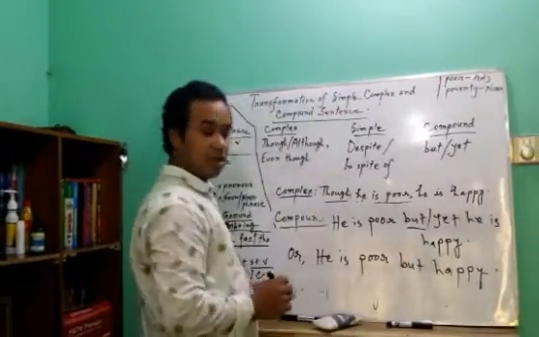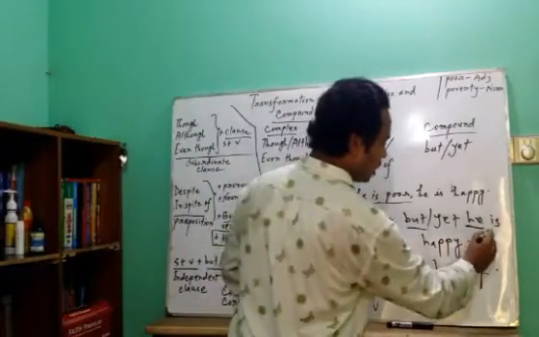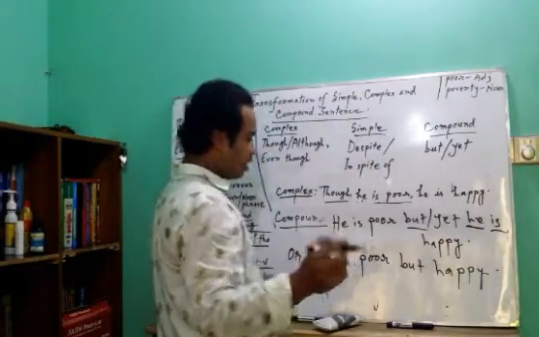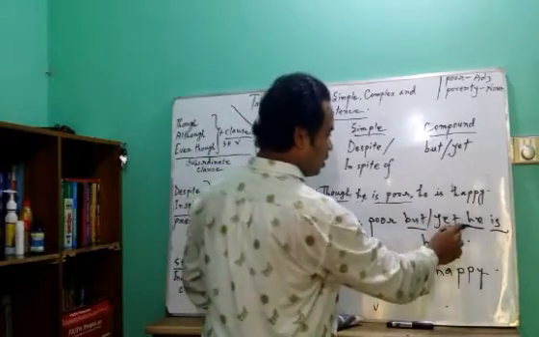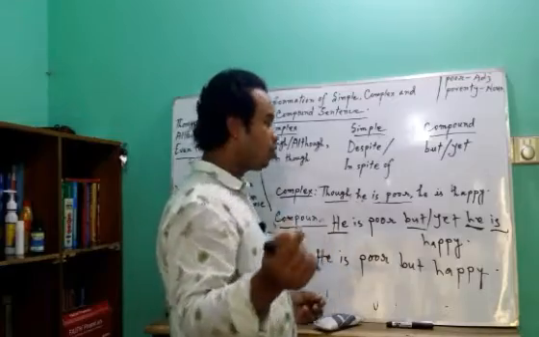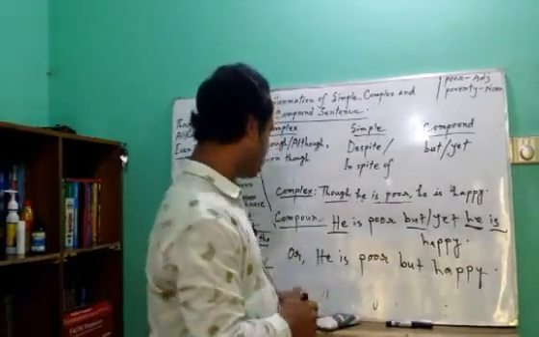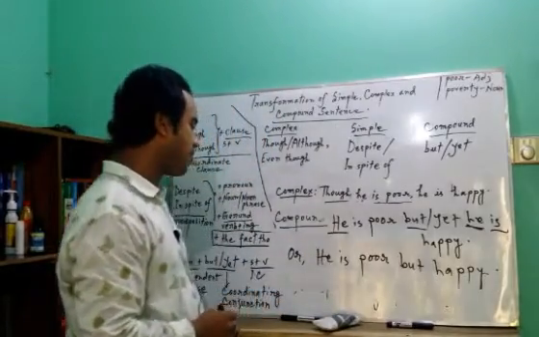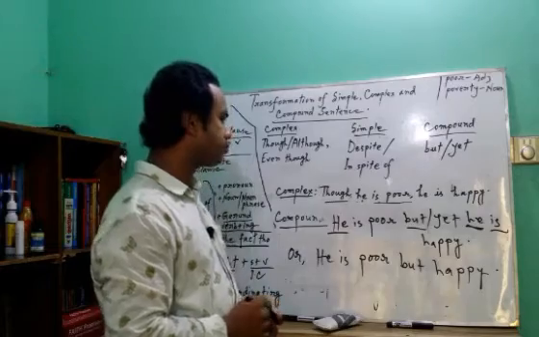Here we can leave out he and the be verb, because the subject is the same and the verb is the same, so you can leave out the second subject and the second verb. He is poor but happy. Now it has become a compound sentence.